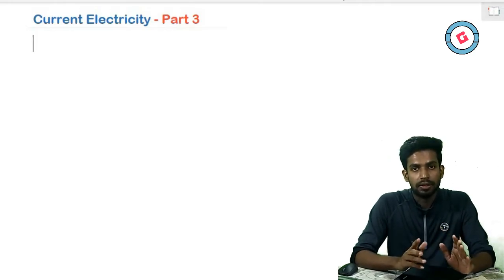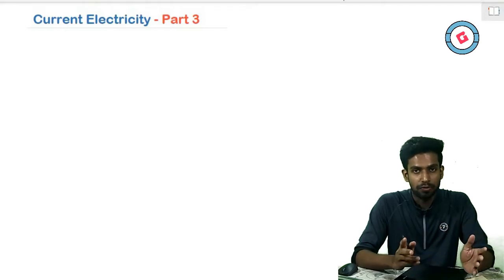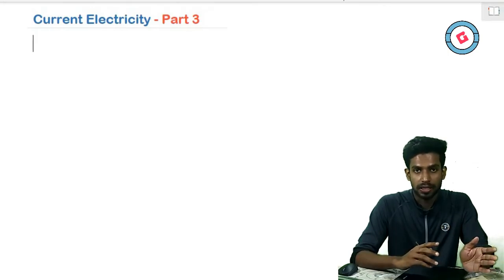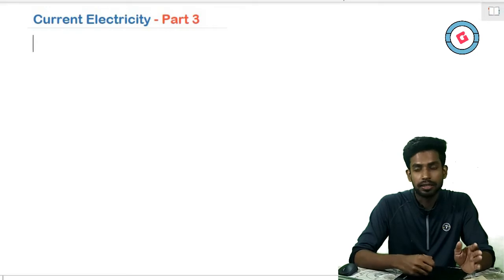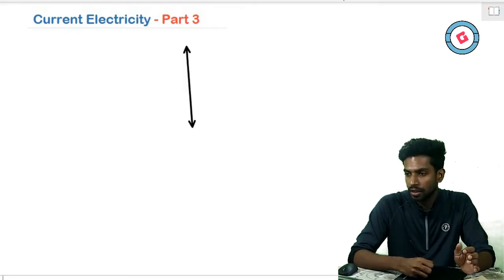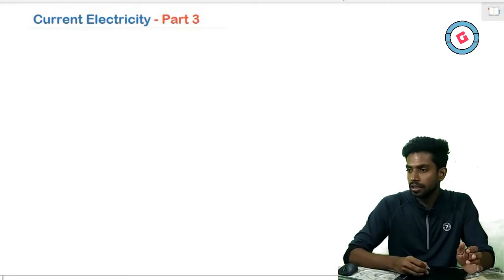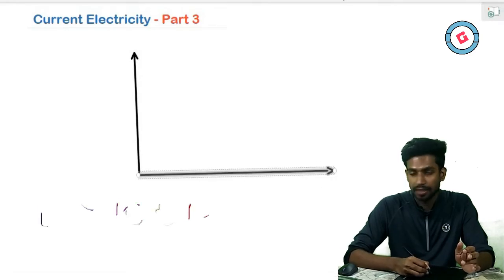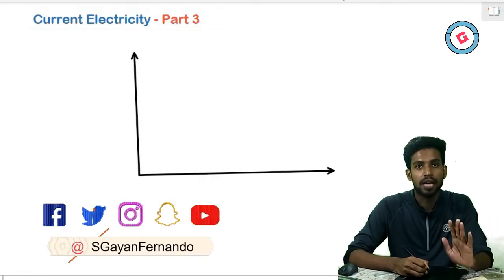We know that when we increase temperature, the resistance of conductors will be increased, and vice versa. So for some conductors, if we decrease temperature, the resistance at some temperature becomes absolute zero.